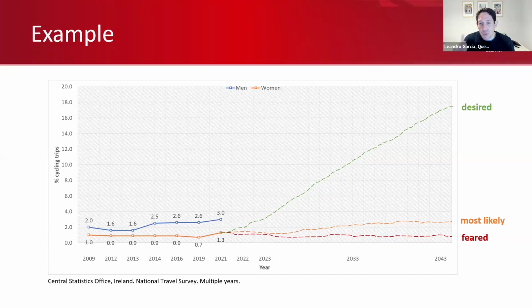So to be able to identify and list the variables in the structure in the next stages, we first need to understand how the system is behaving or behaved in the past and is expected to behave in the future, or what would make it behave in the desired way or in the feared way in the future. So drawing the reference mode is a key step to guide our thinking in what is going to become the CLD in the next steps.